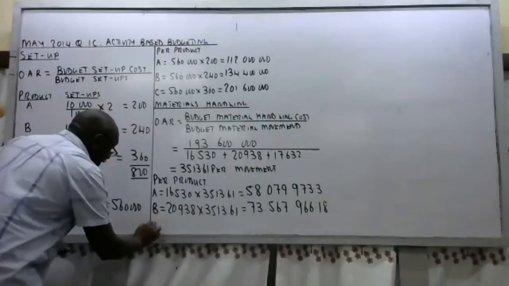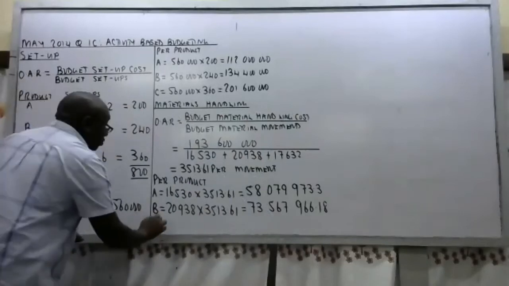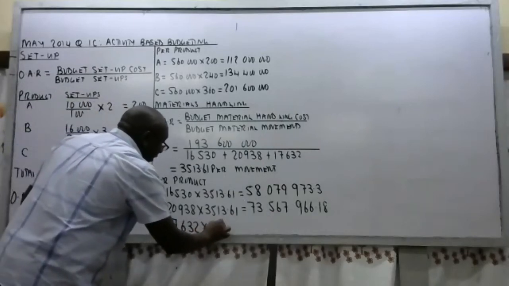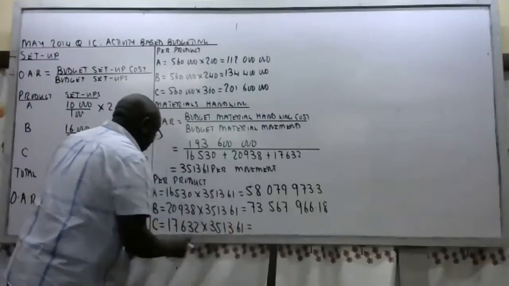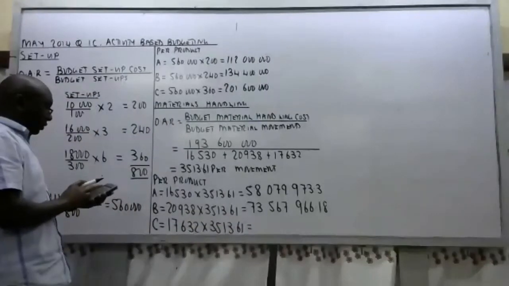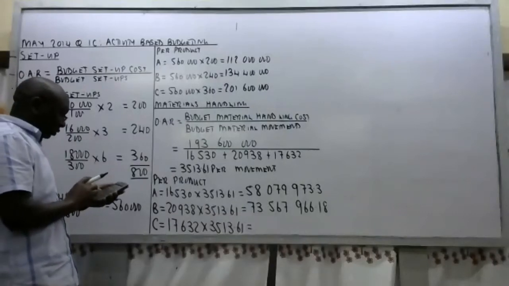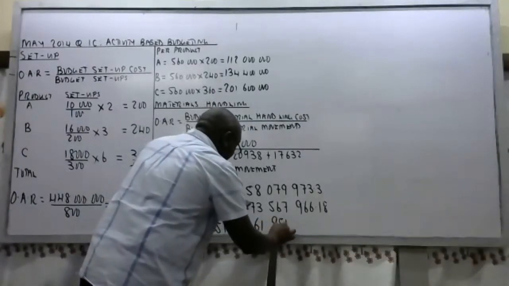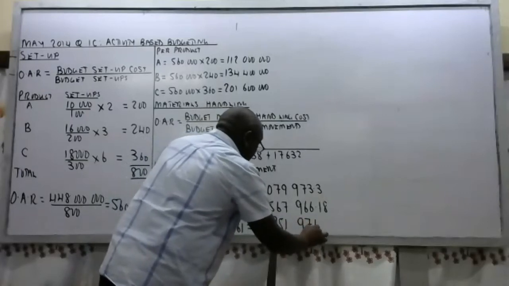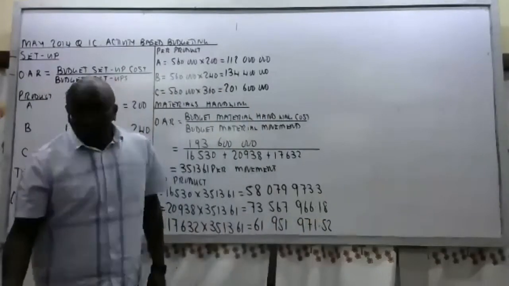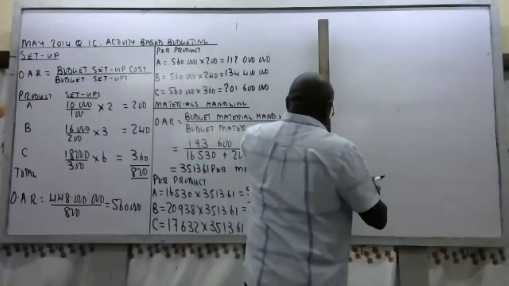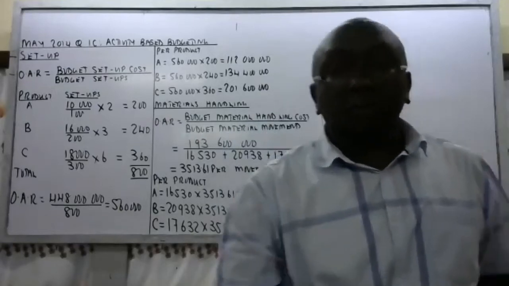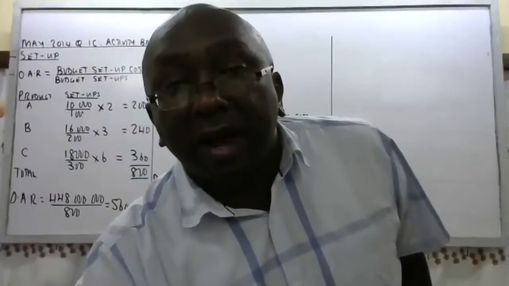Let's go to number 3 or C. C, you take now 17,632 times the OAL. So if I say 17,632 times 3,513.61, it is 61,951,971.52. Yeah, good. It's confirmed.